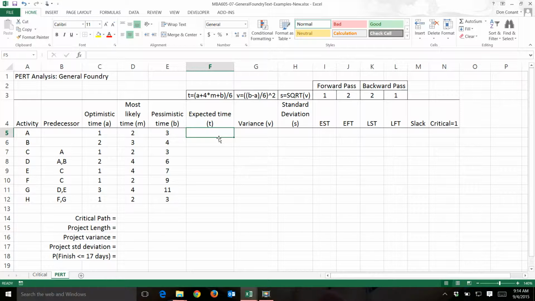Once you have the times entered, we'll use the equation above to calculate the expected time. The expected time is the quantity of the optimistic time plus 4 times the most likely time plus the pessimistic time all over 6.